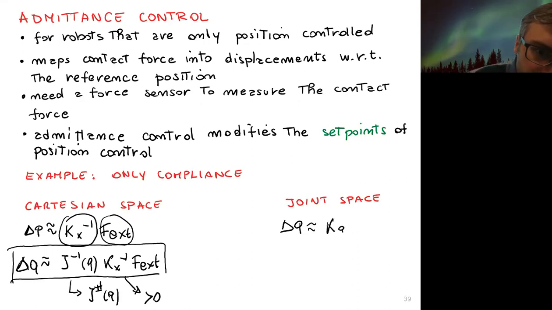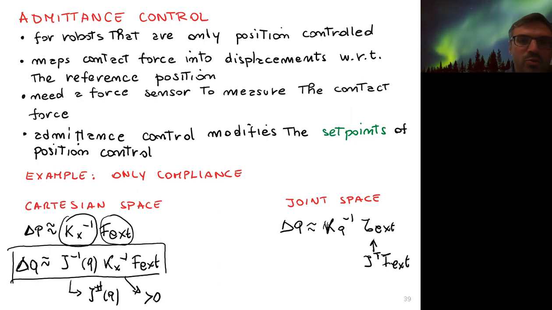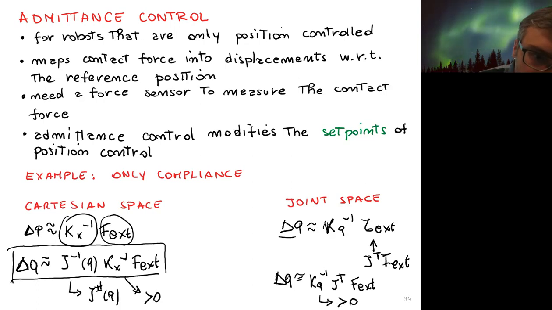You just have the stiffness matrix implemented at the joint level, and what you need to do, from your sensor measurement, you map the external force at the joint level, and then you multiply by the KQ minus 1, you get the increment. And also this should be positive definite.